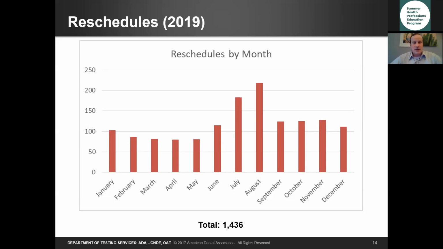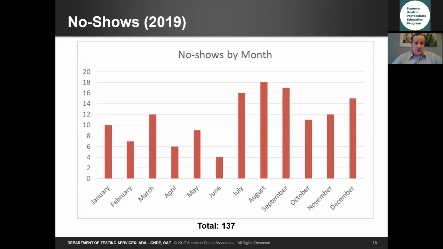So they had to pay the fee to do that. And then similarly, 137 people did not show up to their testing appointments for reasons unrelated to an emergency. These are people that just did not show up to their appointment and were forced to repay the full fee. So that's about 1 in 20, I guess, a little bit less than that.